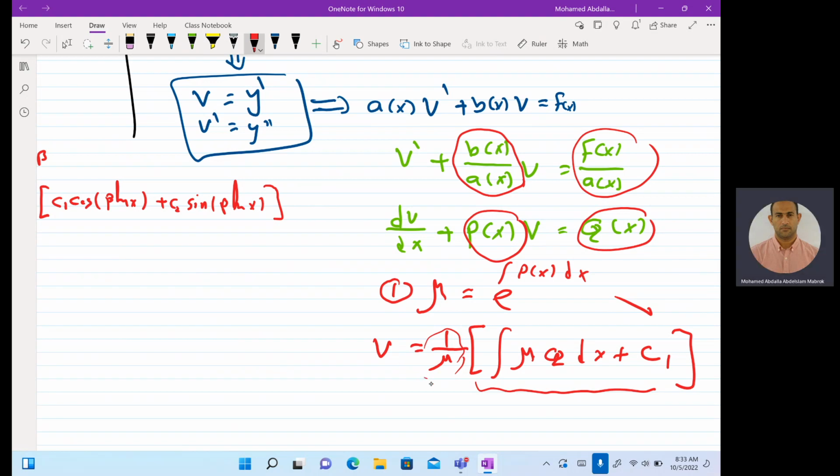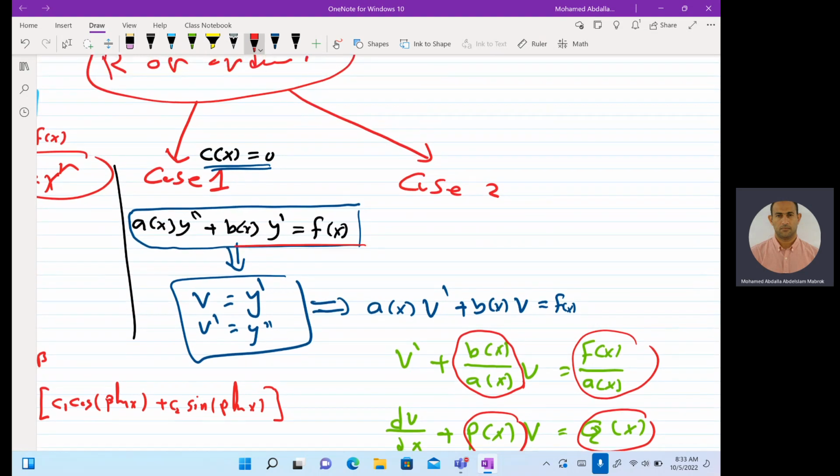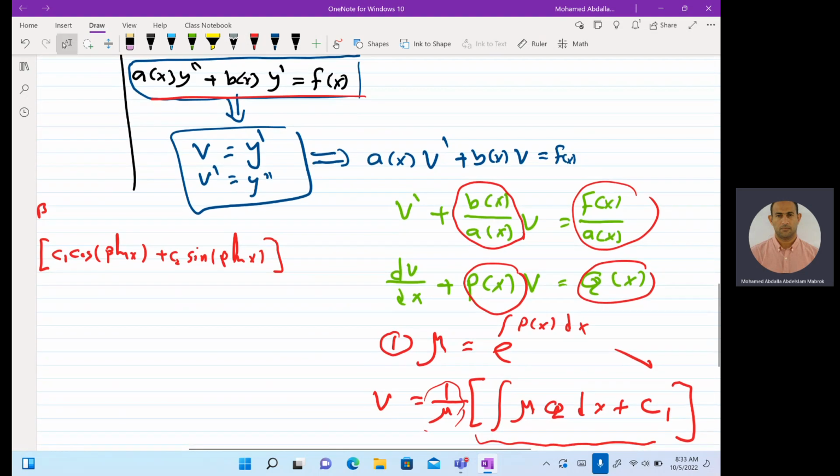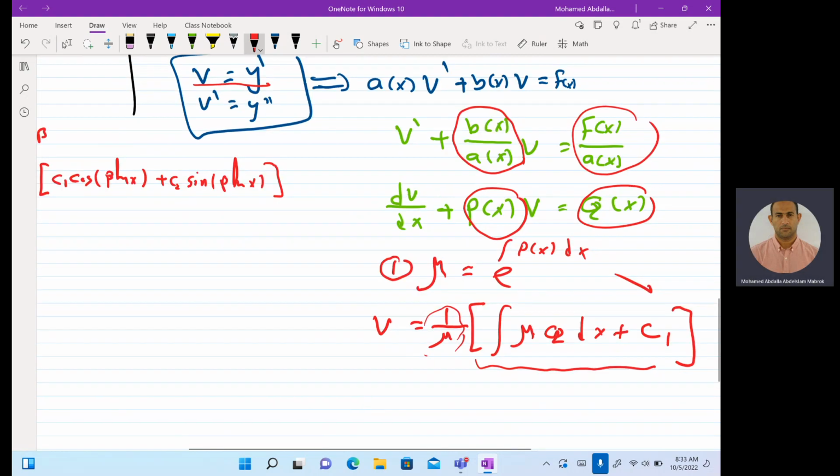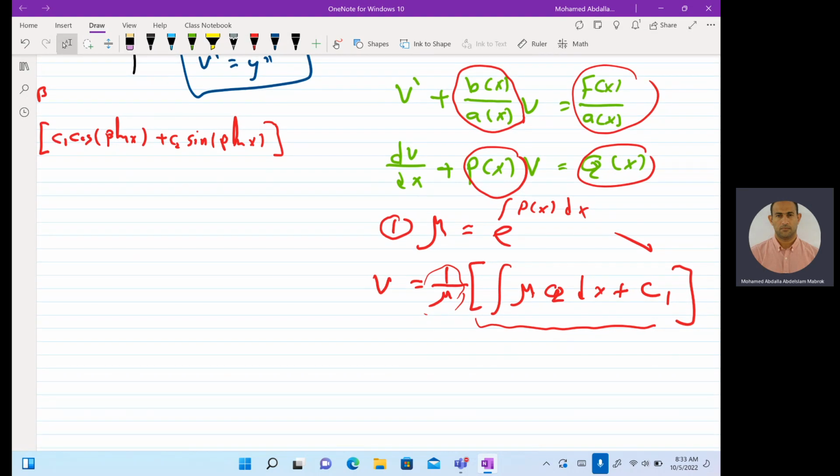Once you get the v, I mean, the v was just a variable that we introduced. We were not interested in finding the v itself. The v was here to help us in finding the solution of this second order differential equation in y. So let's go back. For the time being, we let v equal y dash, and we got v. So we know that y dash equal v.